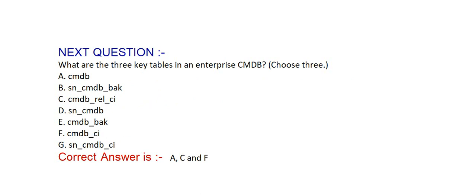Next question is what are the three key tables in an enterprise CMDB? Choose three options. Option A, CMDB. Option B, SN_CMDB_BAK. Option C, CMDB_rel_CI. Option D, SN_CMDB. Option E, CMDB_BAK.